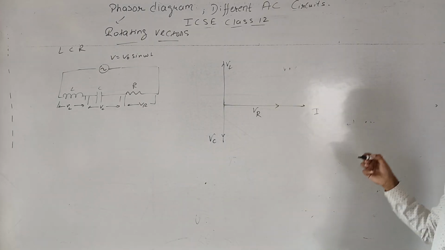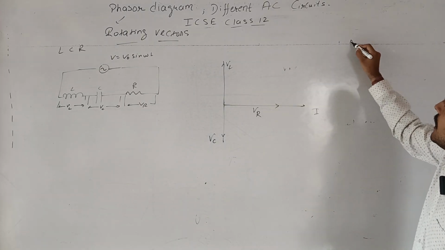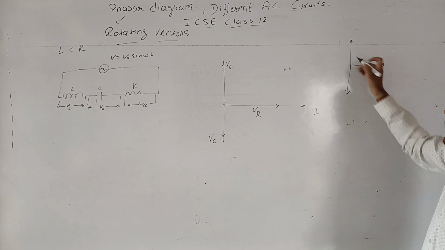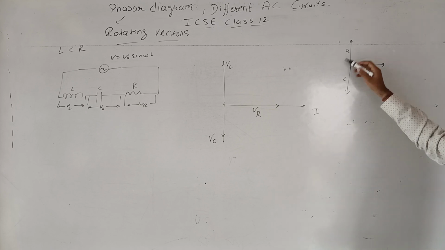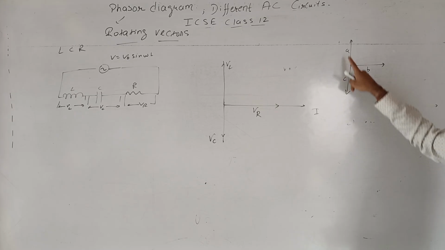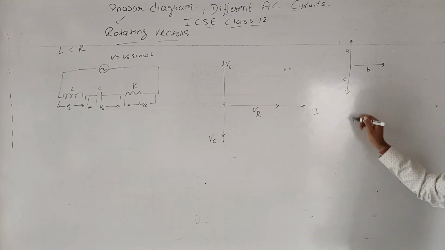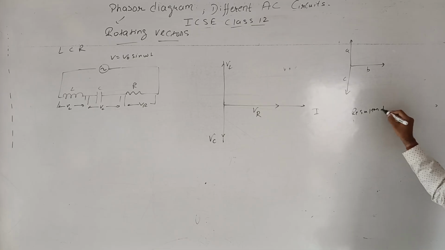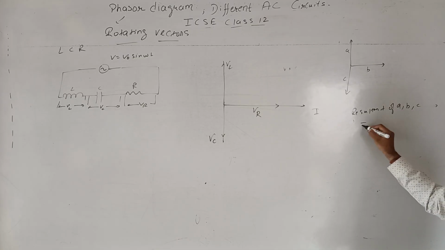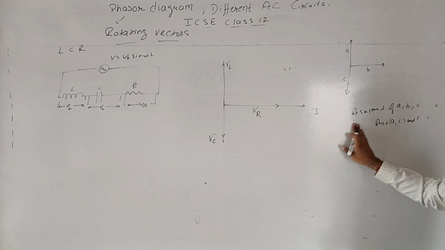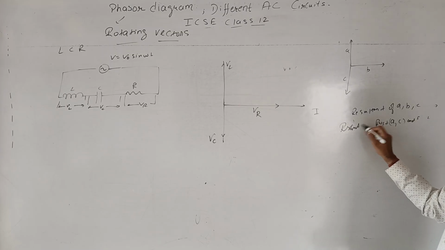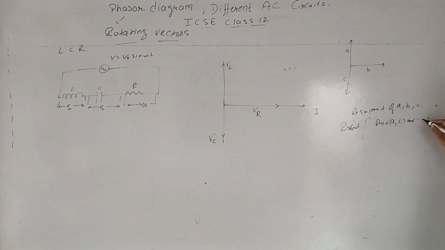Now to find the resultant of three vectors, what do we do? If there are three vectors A, B and C, and we want to find the resultant, then we first find the resultant of any two, and then find the resultant of that with the third.